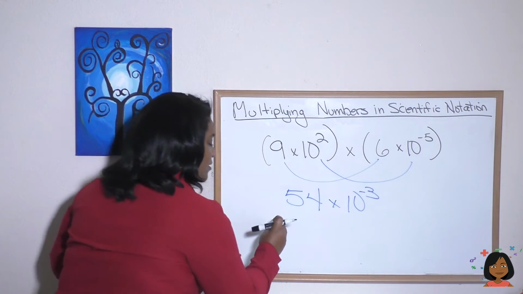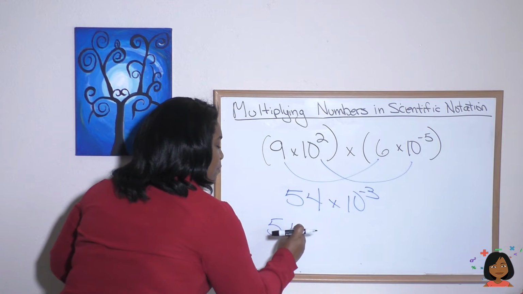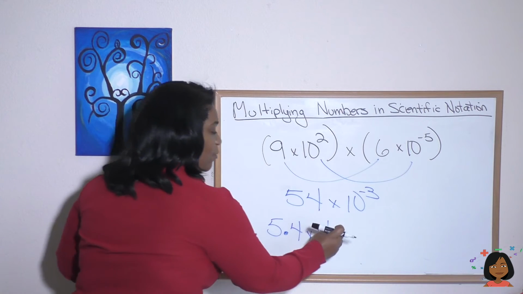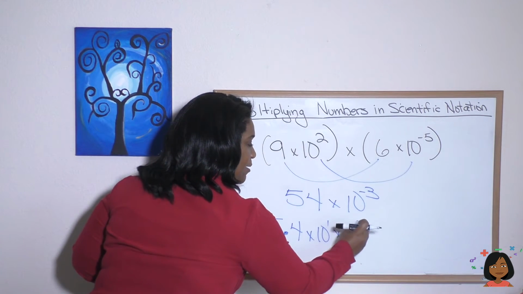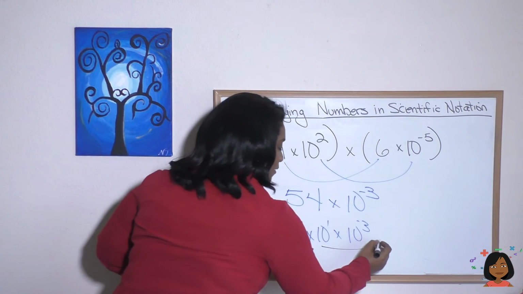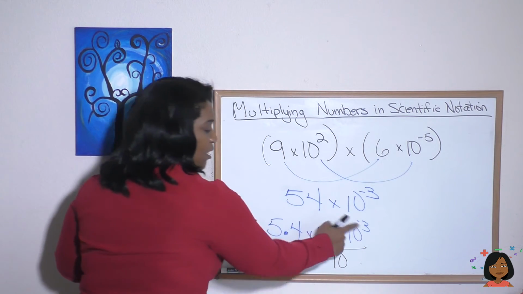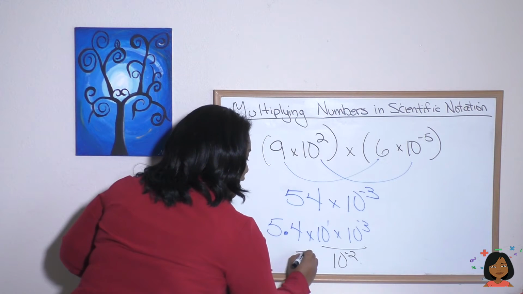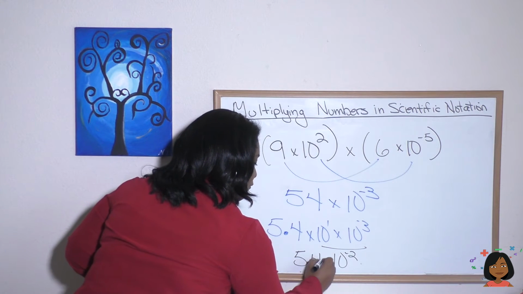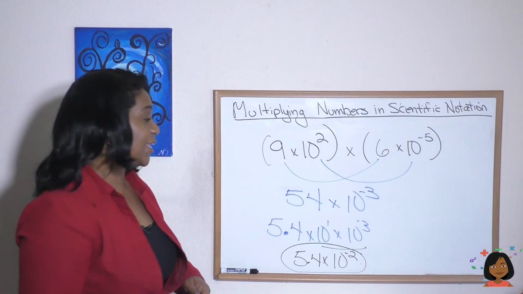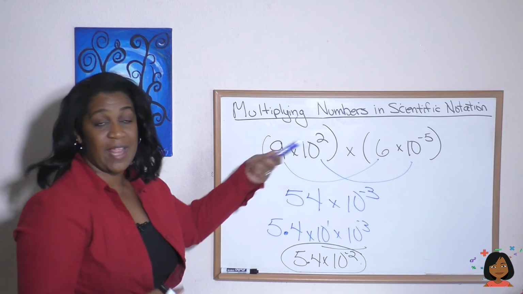So 54 is the same thing as saying 5.4 times 10 to the first. Then we multiply it times this 10 to the negative third. So this part is going to give us 10 to the negative 2. And then we still have our 5.4 right here. This is your answer.